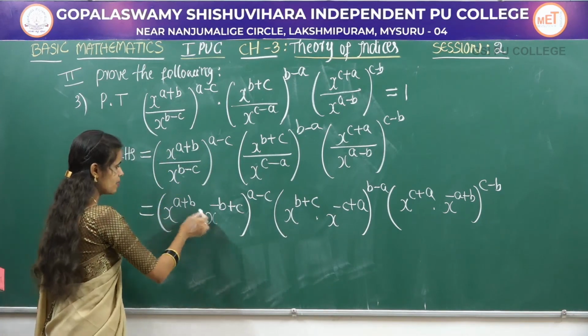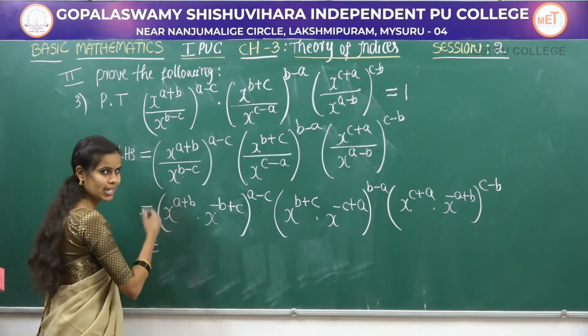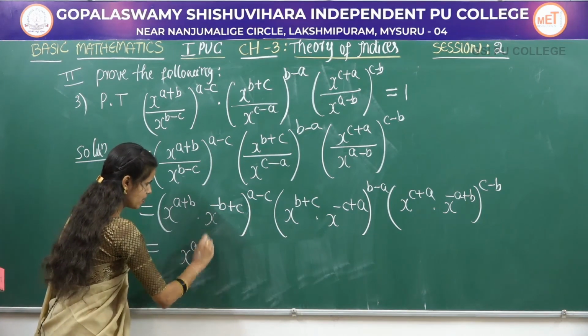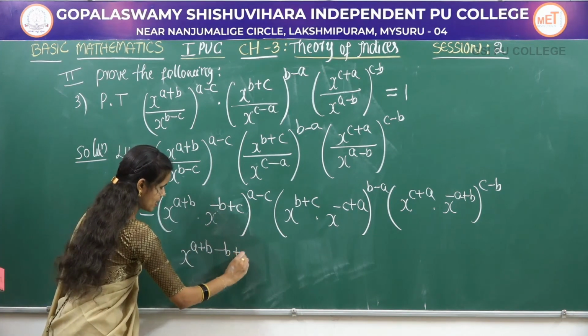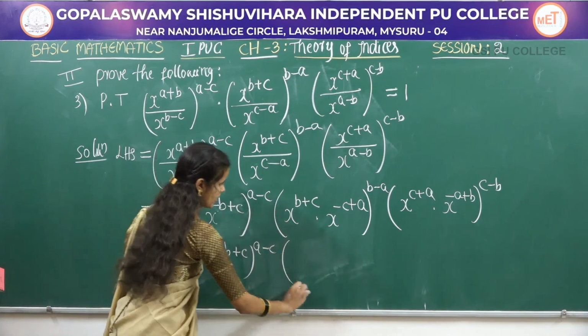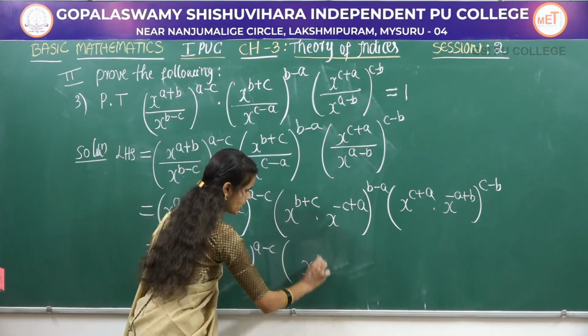Now the base is the same, so add the powers using the first law of exponents. x to the power of a plus b minus b plus c, to the power of a minus c, into, here also apply the first law of exponents.